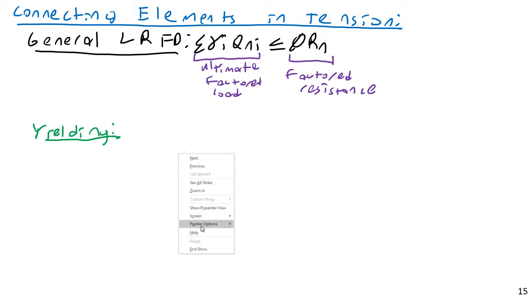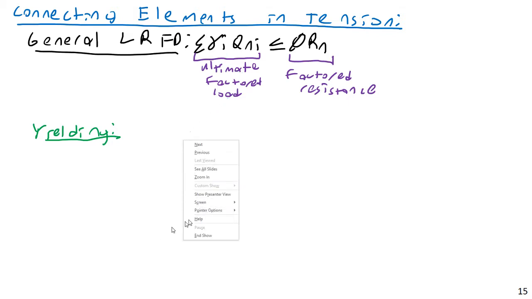I don't feel I need to include this part of the equation because these are the same load combinations that we've seen many times before. What I really want to focus on is this phi R_n portion.